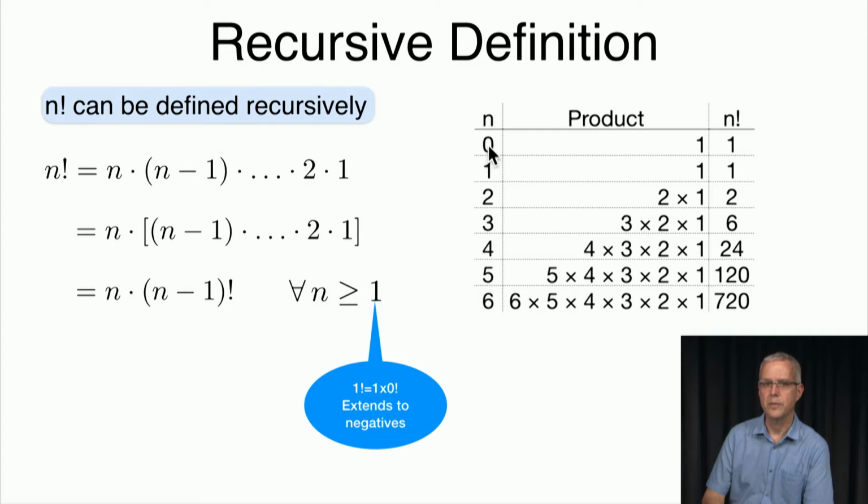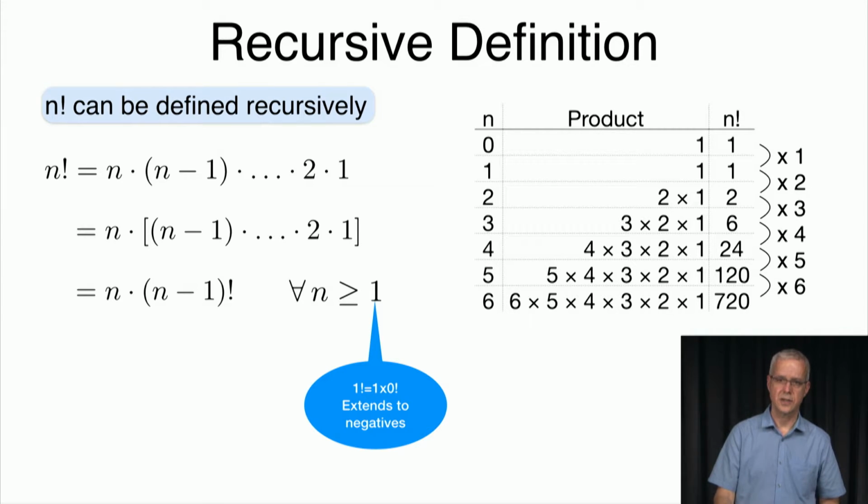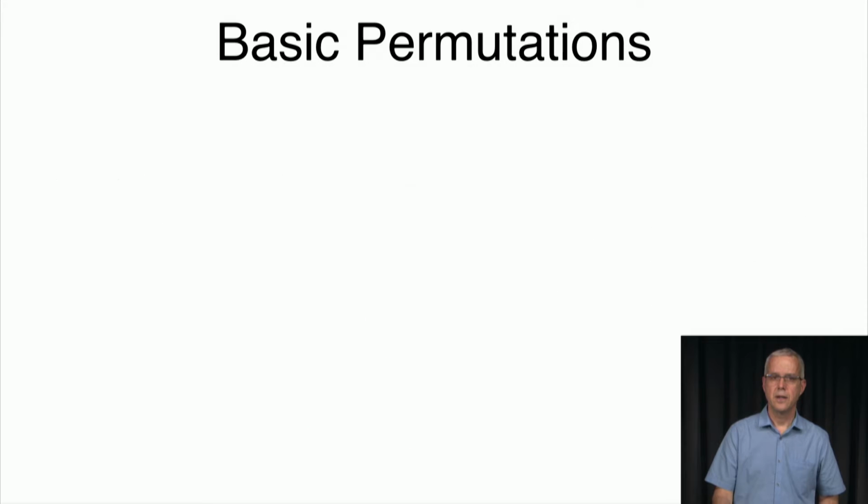So for 0, we get that n factorial is 1, and it's just 1 here. And if you want to get to 1 factorial, you multiply 1 by 1. If you want to get 2 factorial, you multiply 2. 3 factorial, you multiply 2 factorial by 3. And to get 4 factorial, you take 3 factorial, which is 6, multiply by 4, by 5, by 6, and so on. Okay.